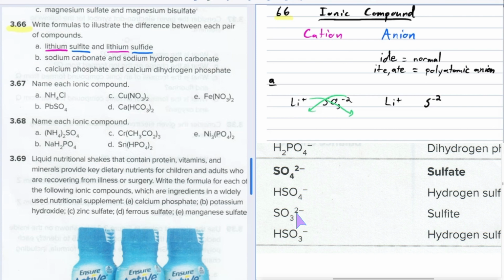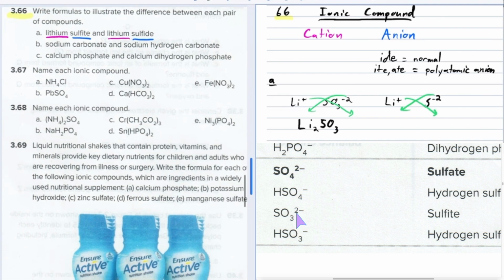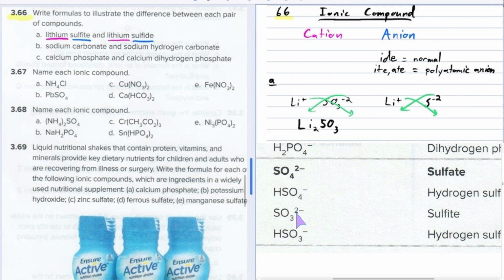And so we could say that the formula is Li2SO3. And to write the formula for this one over here, now that we know the ions, 2 lithiums and one of those sulfides. And so the formula is Li2S. And there we go.